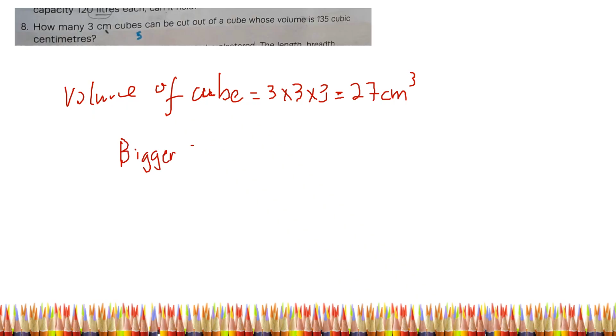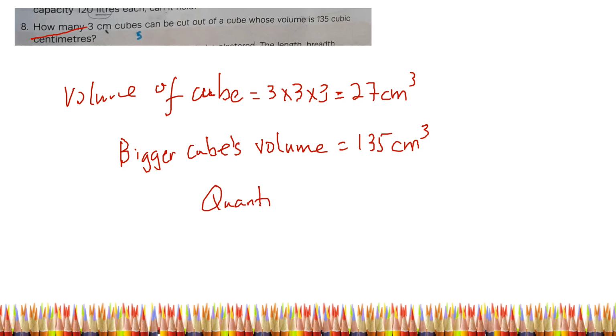Bigger cube's volume is 135 cubic centimeters. So what we need to do is find how many, again, the quantity. The quantity of cubes will be, again, the larger volume, which is 135, divided by the smaller, 27.